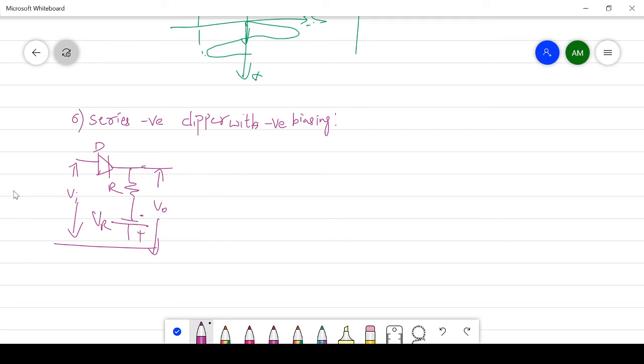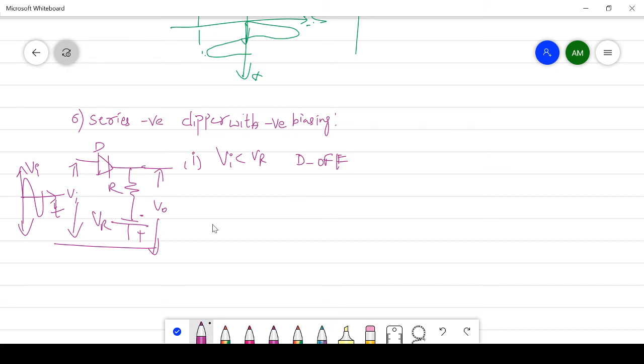So the first condition is less than the reference voltage, that is Vi is less than Vr. In this condition, lower voltages are applied to the anode of the diode, so it becomes forward biasing. Sorry, it is reverse biasing, so the diode is off.